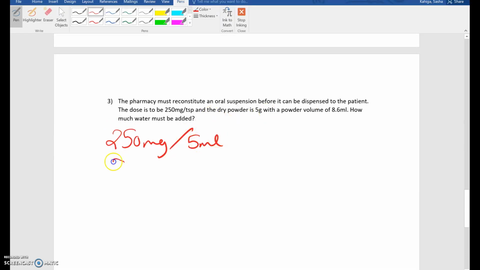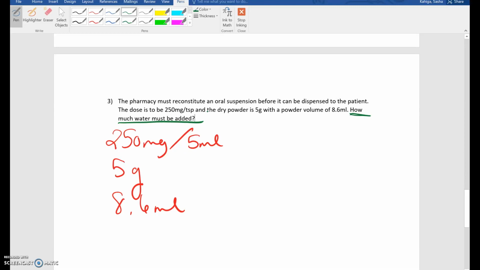And the dry powder is 5 grams with a powder volume of 8.6 milliliters. They want to know how much water must be added. So, how much water, let me underline that question. How much water must be added?